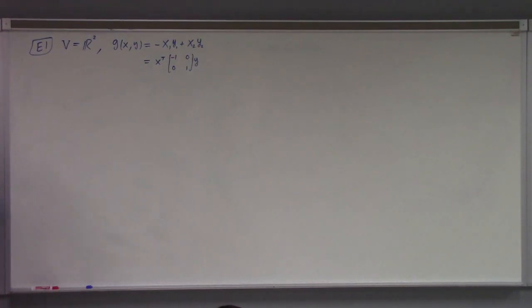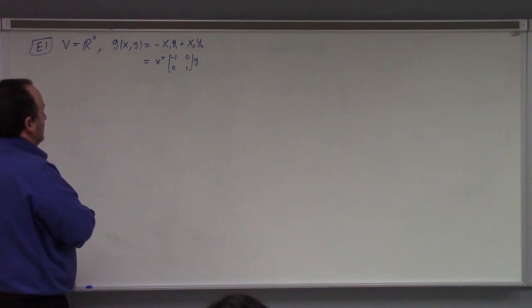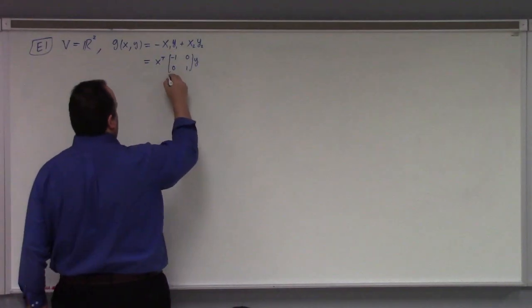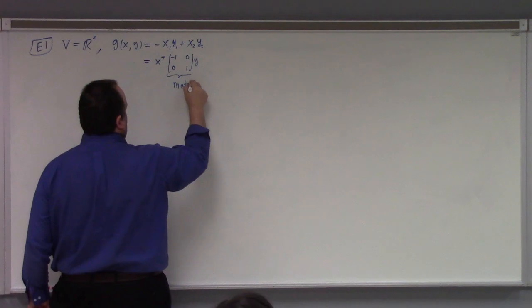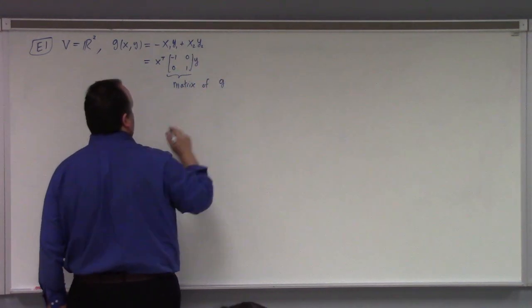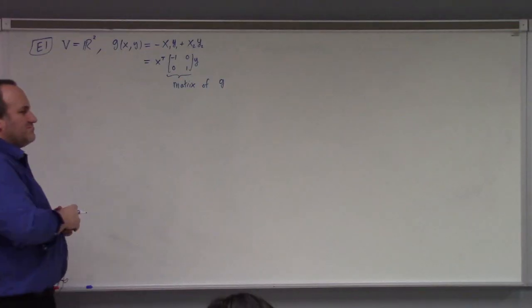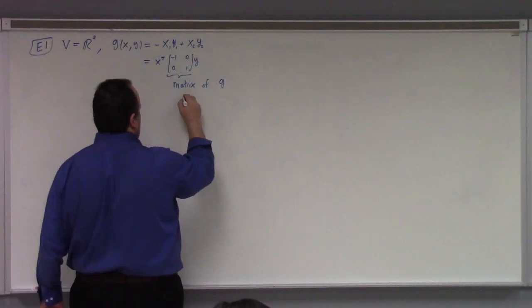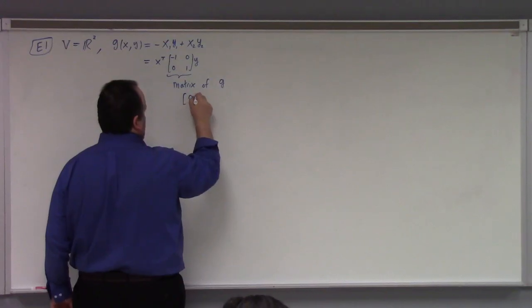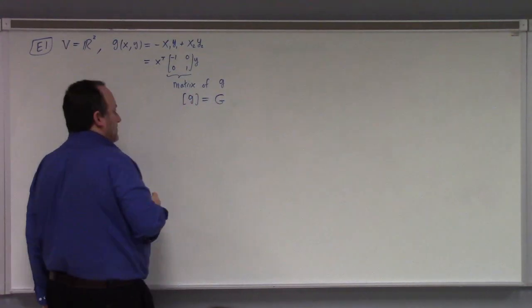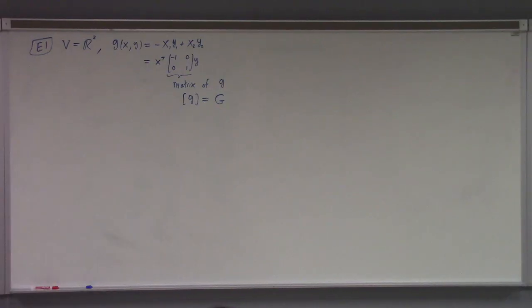That's a formula we could express G with, and this is the matrix of G. Let's call it big G, the matrix of the bilinear form with respect to the standard basis. And you can see that that matrix is symmetric.